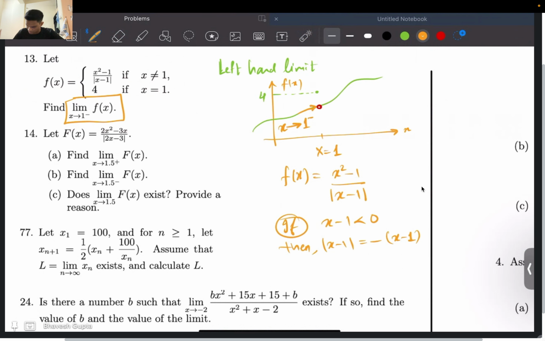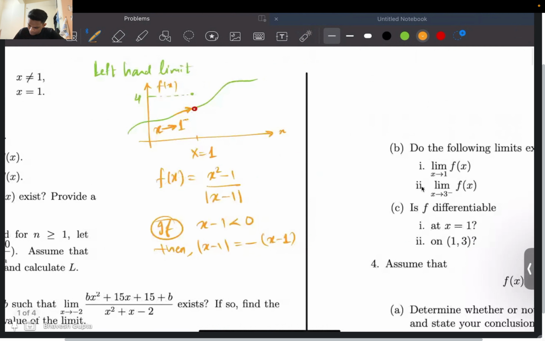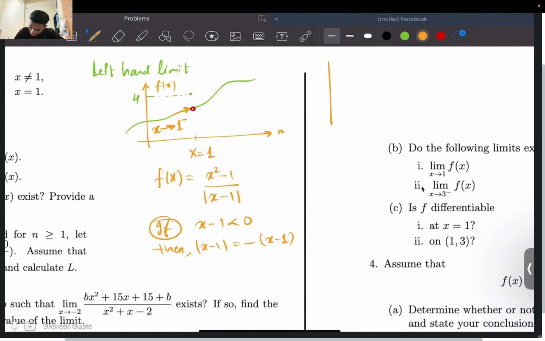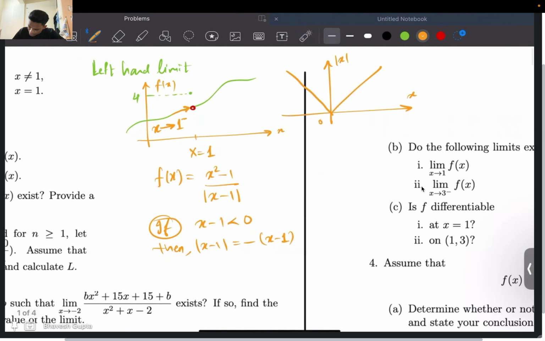If you are not familiar with how the mod function works, here is the diagram. Let's say you have a function mod x, with x on this axis and 0 here. Mod x has two branches. The first is just x, the other is minus x.